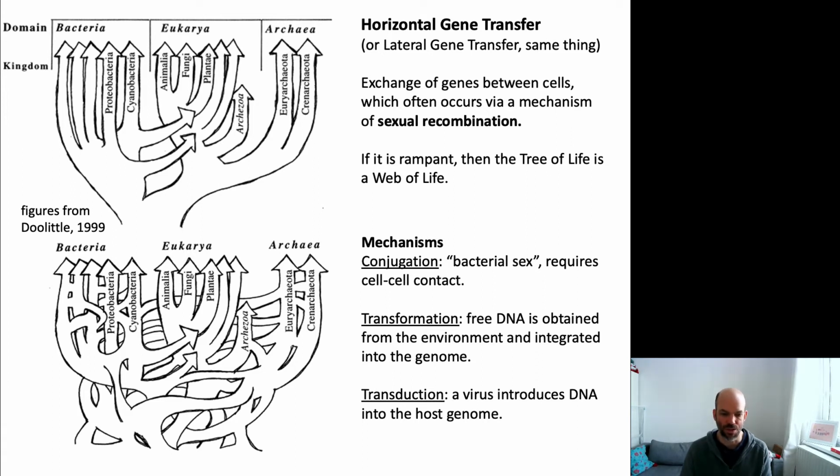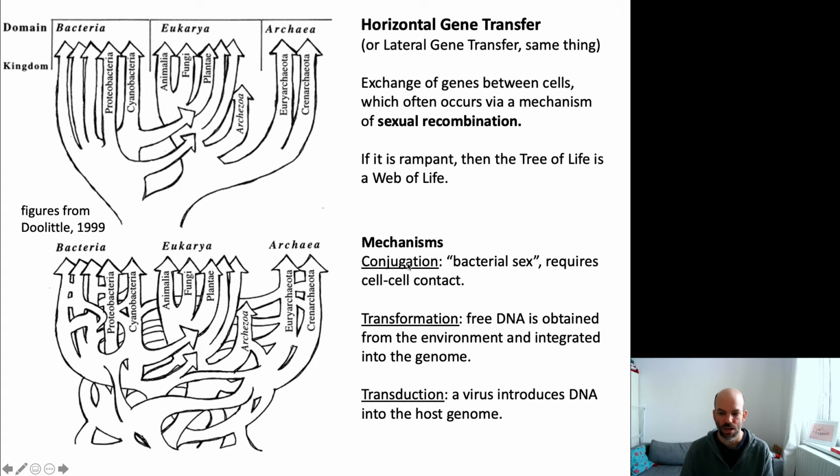There's still some question about whether the tree of life is a total fiction because horizontal gene transfer is so rampant or not. Obviously that's too extreme, but there is still some debate about the degree to which the domains are mixing. But no one debates that horizontal gene transfer happens a lot, all the time, and it's a very important aspect of microbial evolution.